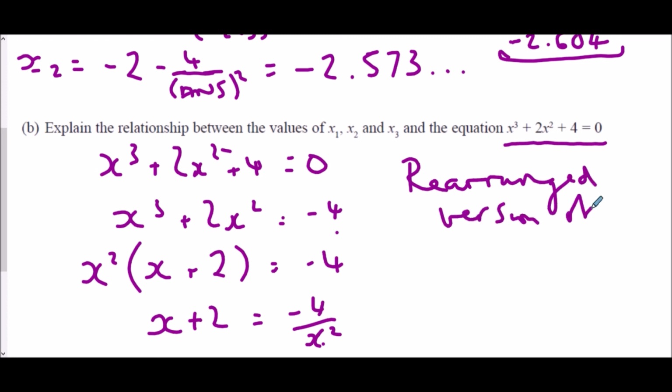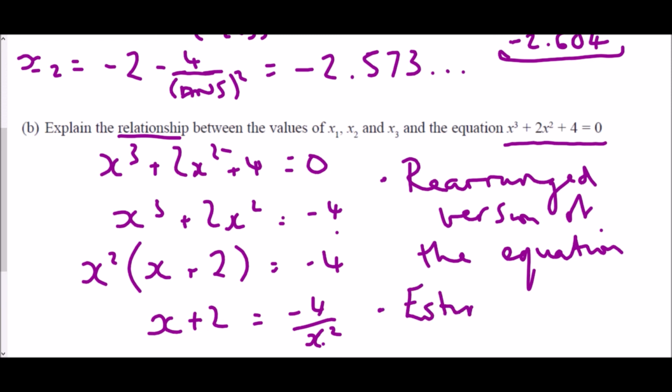of the equation, because that is the first part of the relationship. And then secondly, we need to state what x1, x2 and x3 actually are. And so x1, x2 and x3 are estimates of the solution.